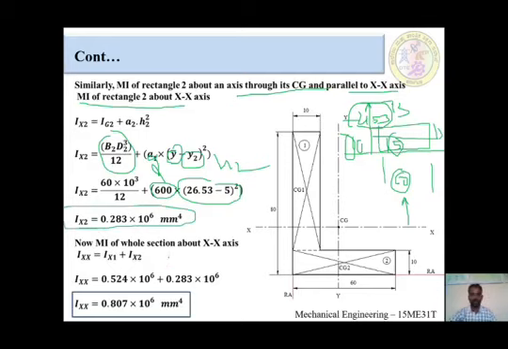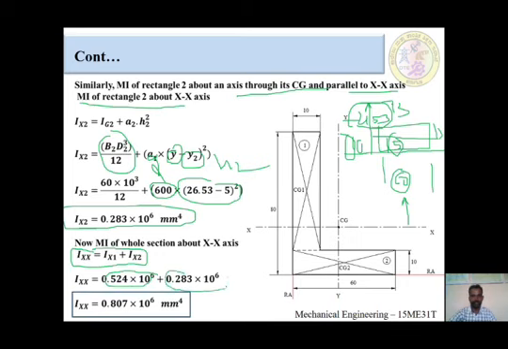After calculation of individual moment of inertia of rectangular 1 and 2, we have to calculate the moment of inertia of whole section about x-axis. Right, how to calculate this one? Firstly, the formula is Ixx is equal to Ix1 plus Ix2. Ix1 is equal to 0.524 into 10 raised to 6 we got from the calculation.